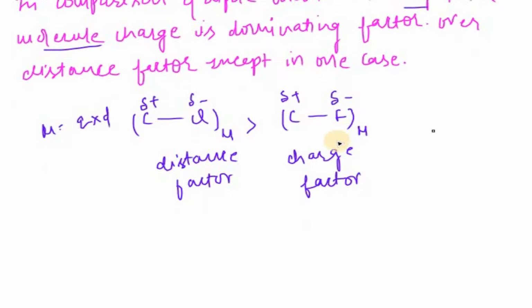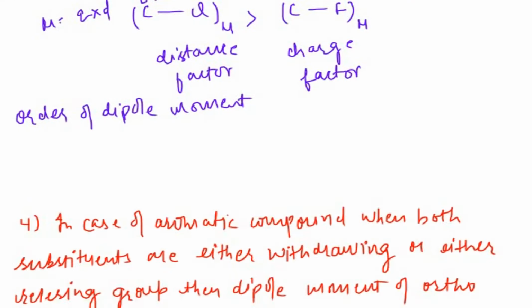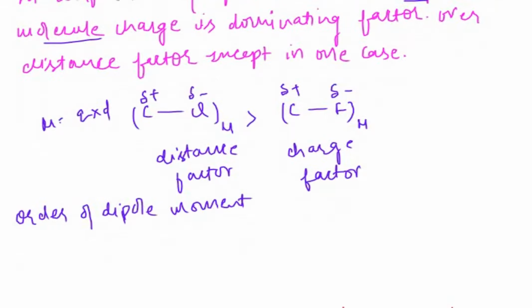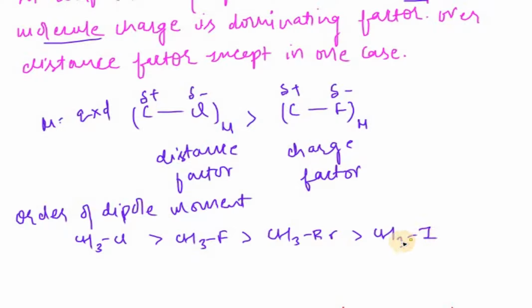So if we write the order of dipole moment, it will be CH3Cl is greater than CH3F, which is greater than CH3Br, which is greater than CH3I.